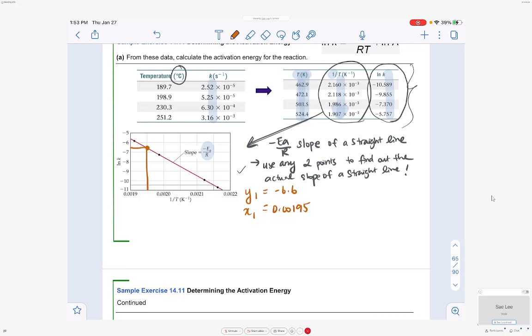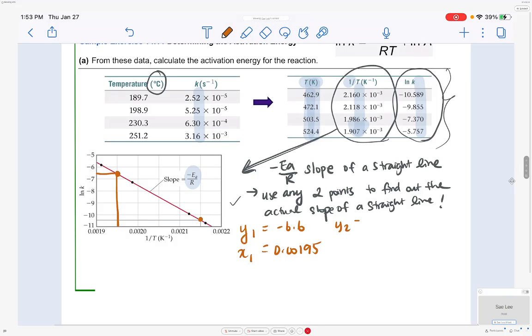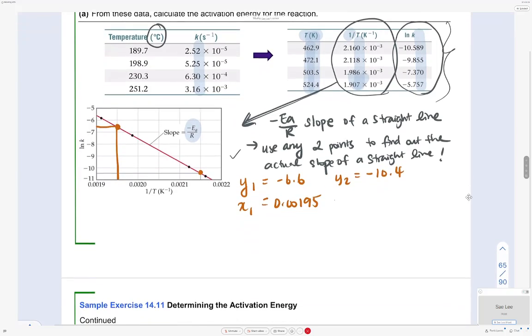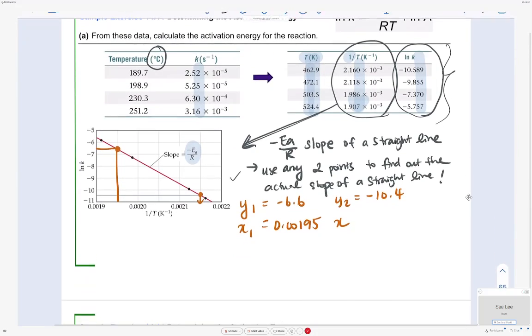We need to pick a second point if we want to find a slope. So let's say we pick this one, negative 10.4, where the x-axis value is about 0.00215.